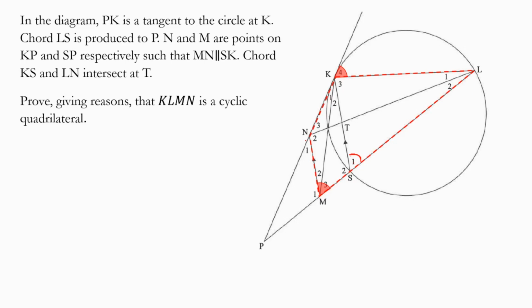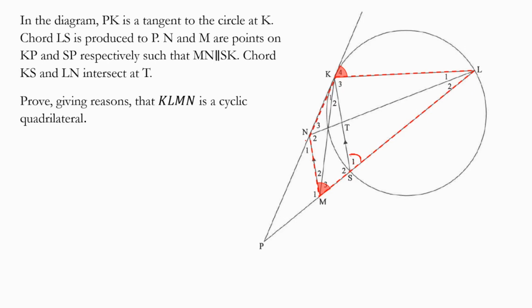How do we prove that a quadrilateral is a cyclic quad? If the exterior angle is equal to the interior opposite angle, and also if the opposite interior angles add up to 180 degrees, or if the opposite interior angles are supplementary. We have to check those two first.